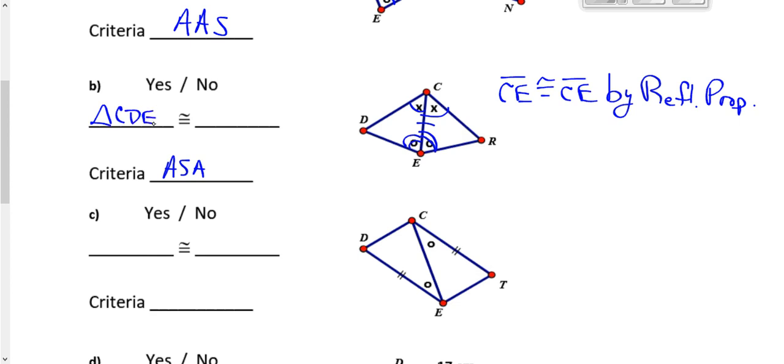Now let's get the other one correct. CDE would be congruent to CRE. What rigid motion would cause them to be congruent as well? Reflection. So this is reflection mapping.